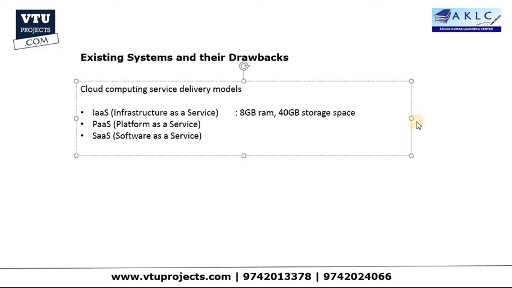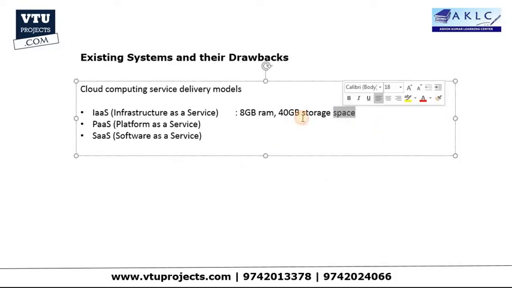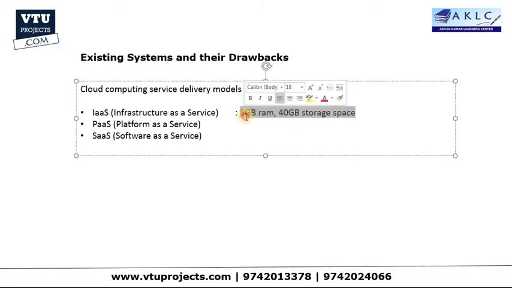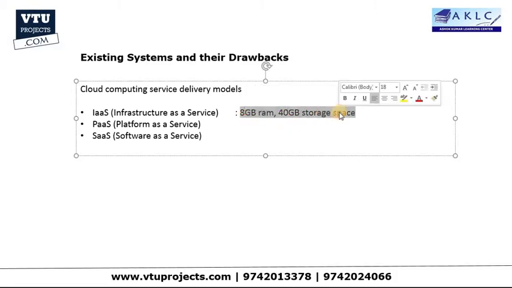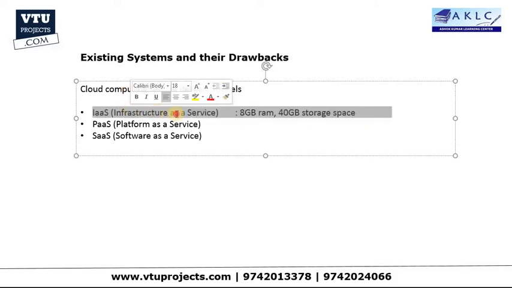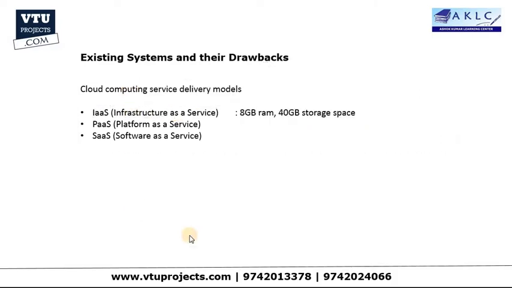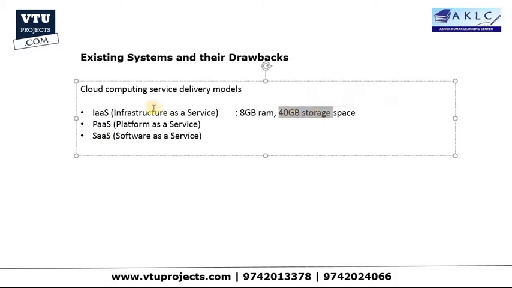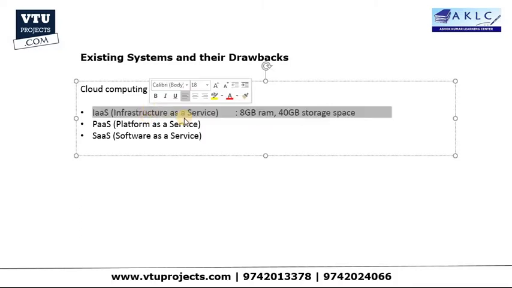These kinds of things are called infrastructure, and they will be provided to you on the cloud. So we call it infrastructure as a service. Say for example, when you create an account in Google, Google will provide you 20 GB of free storage. That 20 GB of free storage is called infrastructure. You are actually owning that 20 GB space.